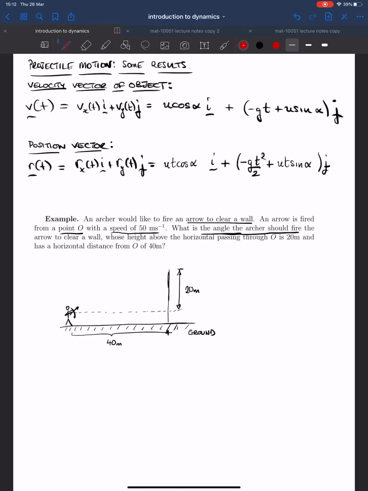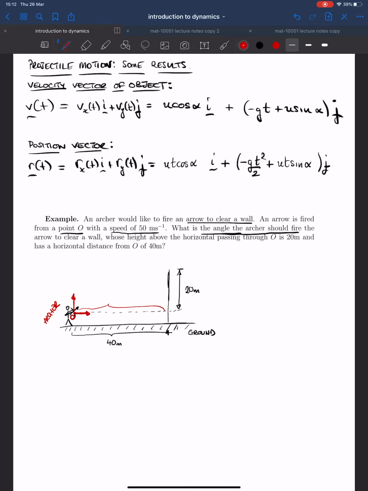Here you can see this diagram with the archer ready to send an arrow in some direction. You'll notice that I've marked out this horizontal, which is from the point O where it's fired from. In this diagram, I'm going to put the reference system exactly here.